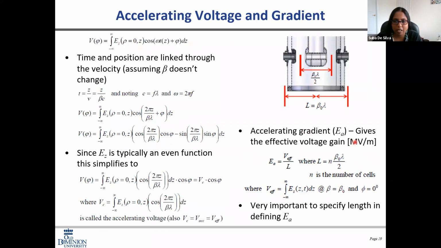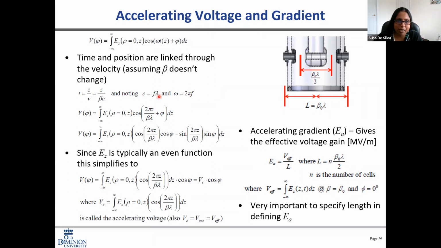So that's why we define it as gradient with units of megavolts per meter. So it's normalized to the length, and then you can multiply by the length and know the total effective voltage. This shows detailed steps in getting to the final formula.